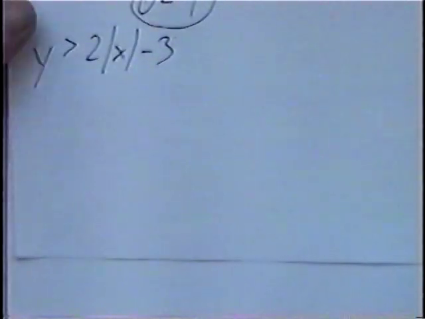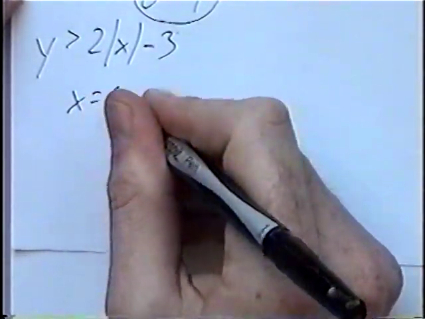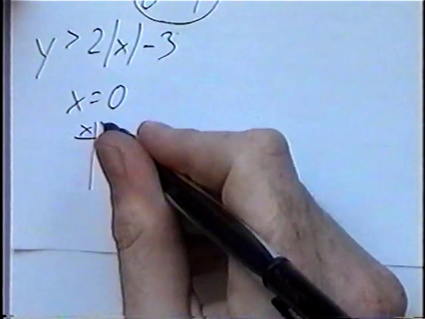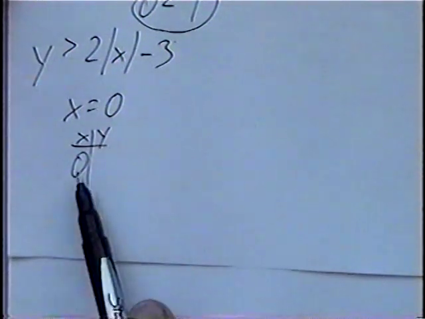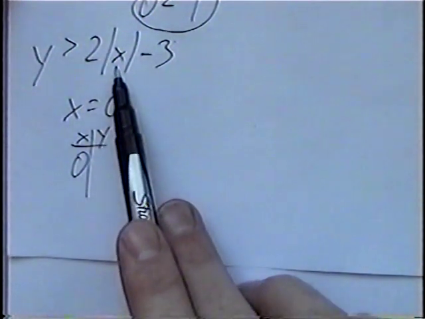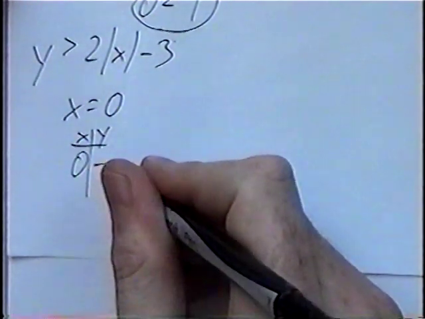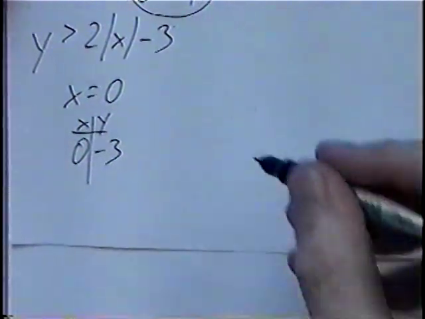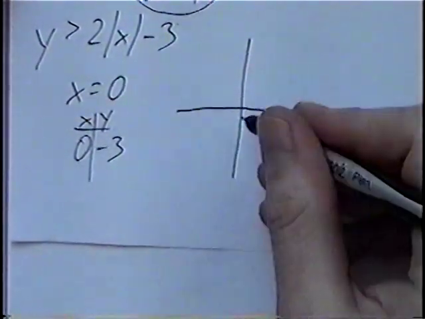Again, graphing this, we can take the absolute value, in this case it's x, set that equal to 0, so we'll use just a single point for the xy table, x equals 0. Plugging a 0 in, absolute value of 0 would be 0, times 2 would be 0, and minus 3 makes the y value minus 3. Graphing from here, we have the point 0, negative 3.